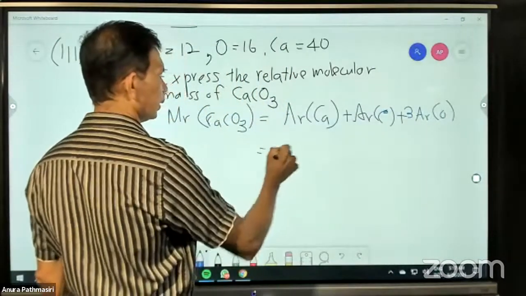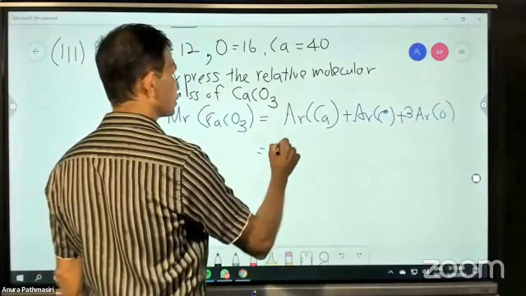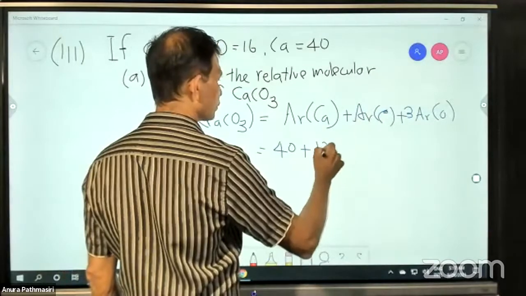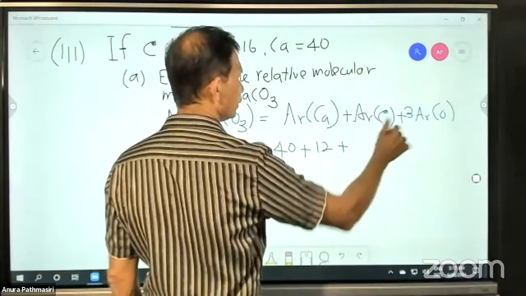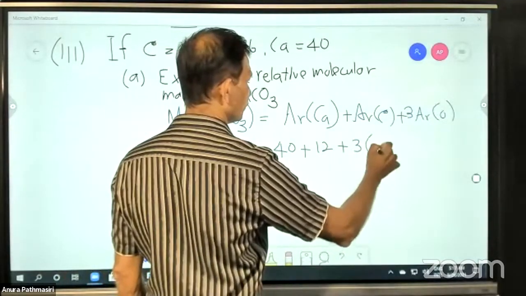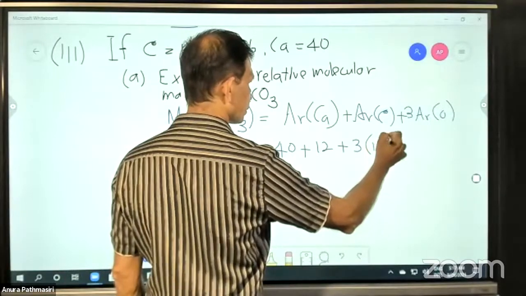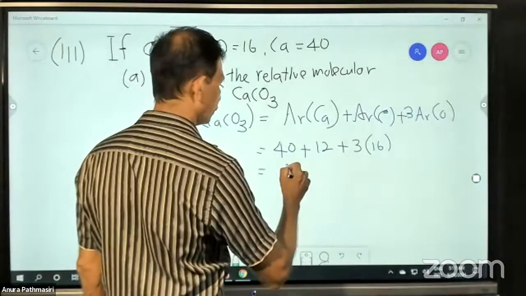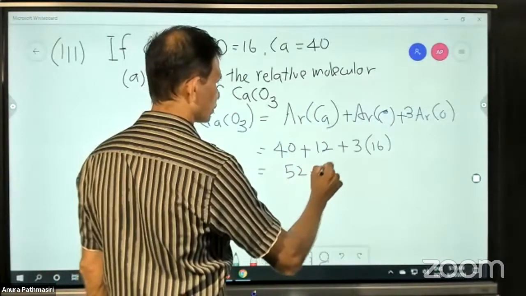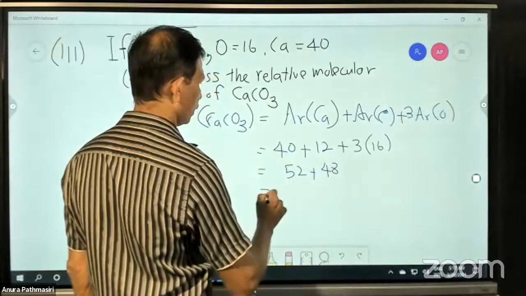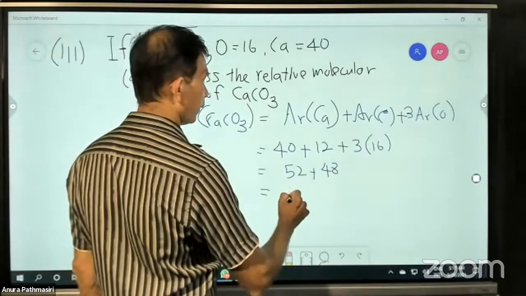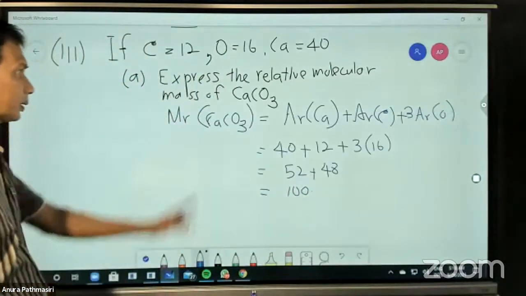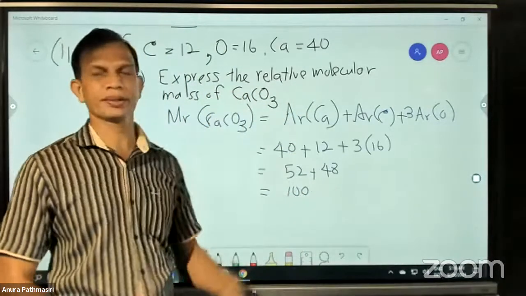Now, AR of calcium is 40, plus AR of carbon is 12, plus 3 AR of oxygen is 3 times 16, and you will get finally 40 plus 12 plus 48, equal to 100 gram. Express the relative molecular mass of calcium carbonate.